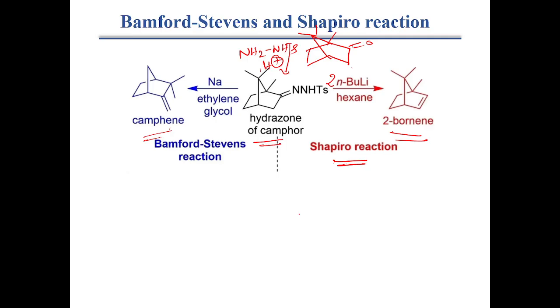As n-butyl lithium is a very strong base, under Shapiro conditions it can abstract this proton, and the butyl group forms a negative charge here after abstraction of the proton.